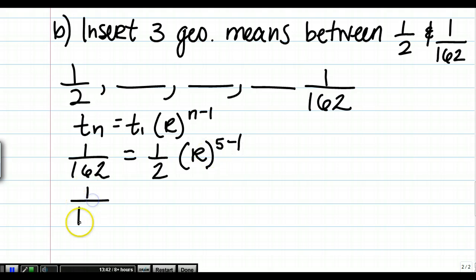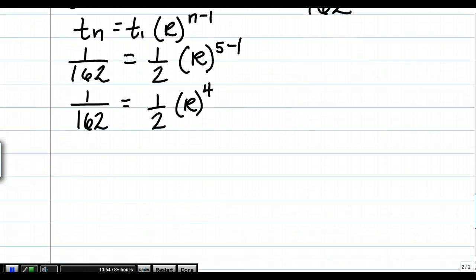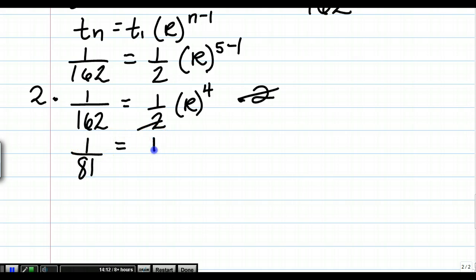I have 1 over 162 equals 1 half r to the 5 minus 1, which is 4. I'm going to get rid of my 1 half, so I'm going to multiply both sides by 2. 2 goes into 162 81 times. So I have 1 over 81 equals r to the 4th.